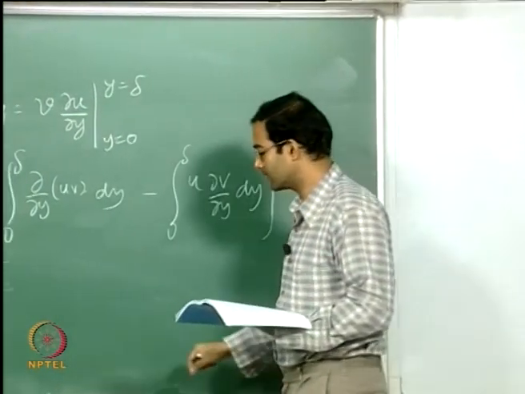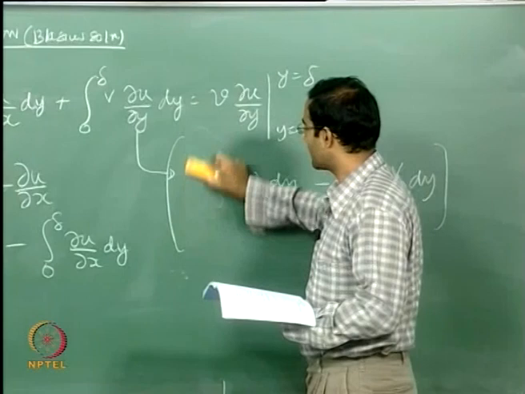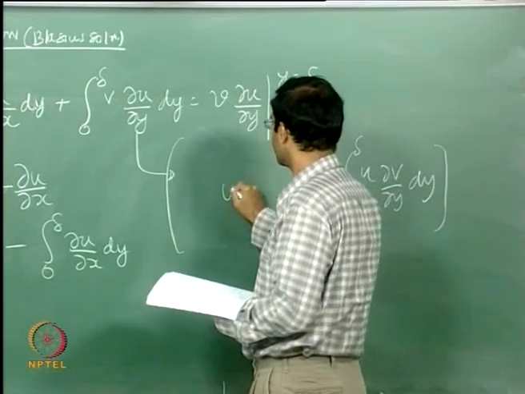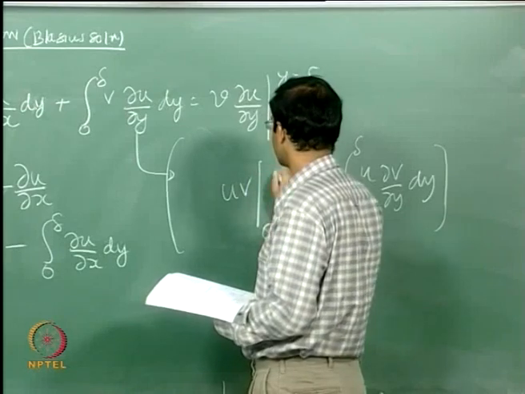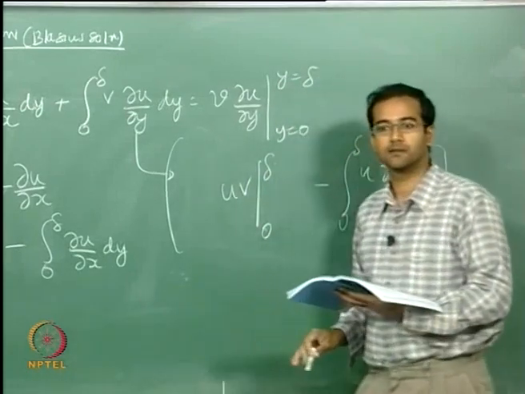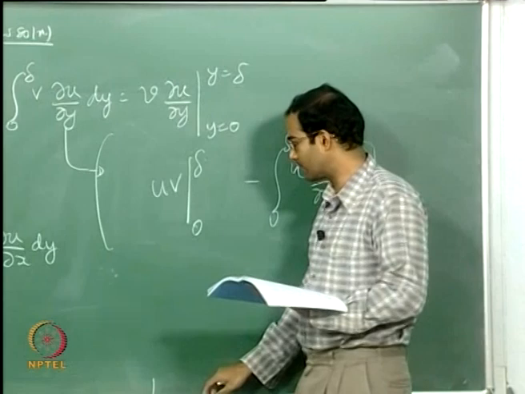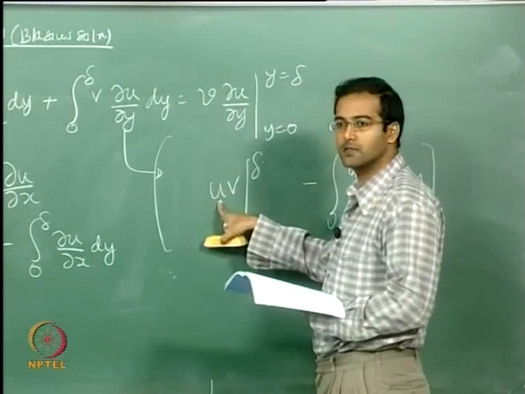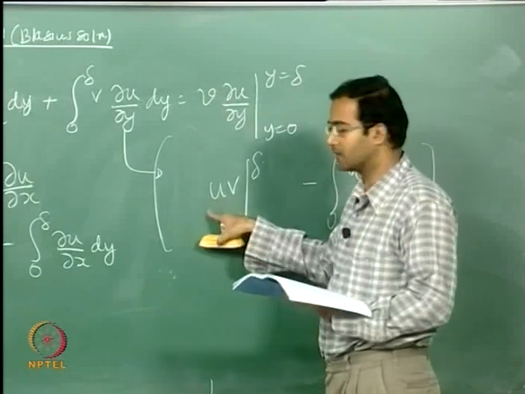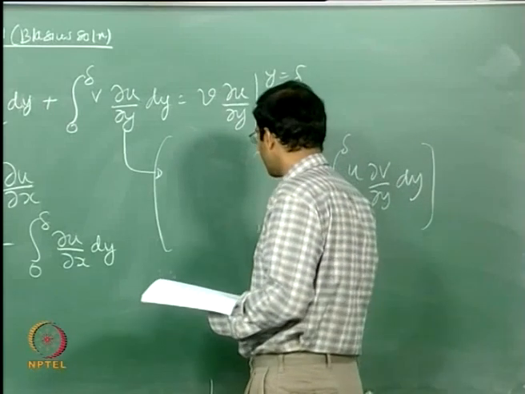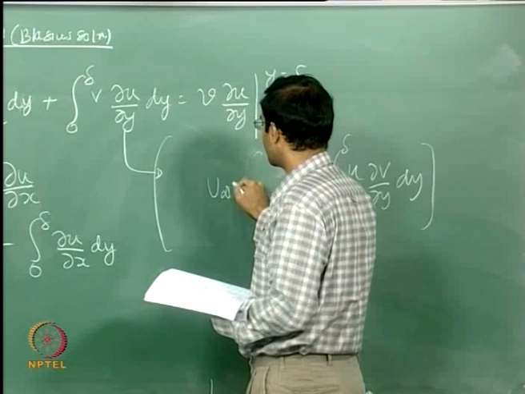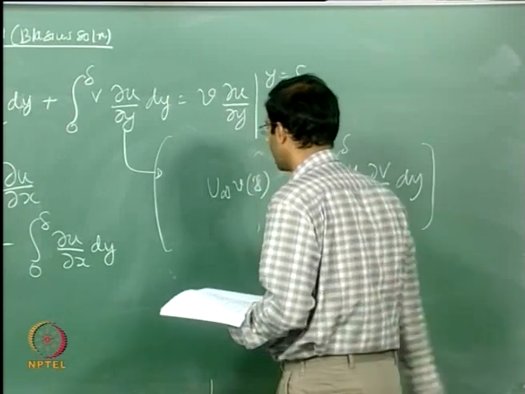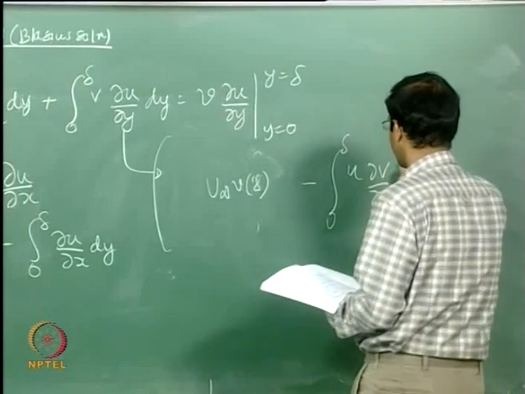If I do that, this I can directly write as uv between the limits 0 and delta. Of course at 0, u and v are 0, and at delta u is equal to u infinity, so this is u infinity times v at delta, minus this particular term here.